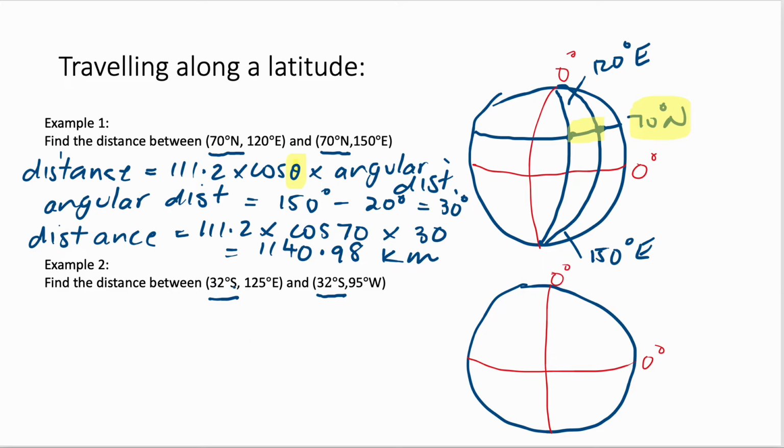Our first location is 32 degrees south, so this time we're below the equator, and 125 degrees east, so I'm to the right of the prime meridian. Our second location is on the same latitude, 32 degrees south, but this time we're 95 degrees west, so I'm to the left of the prime meridian.